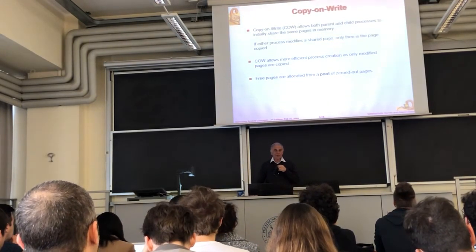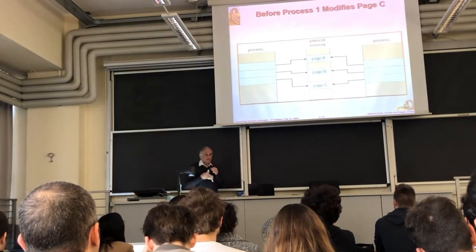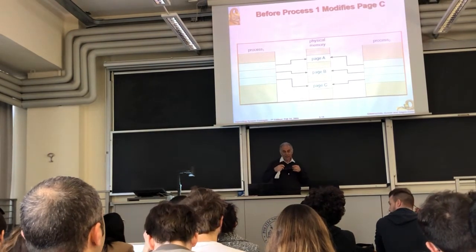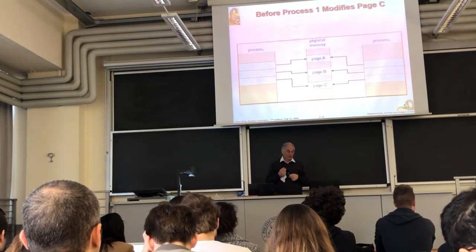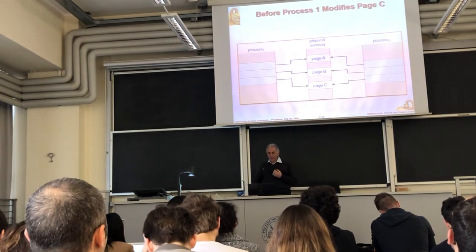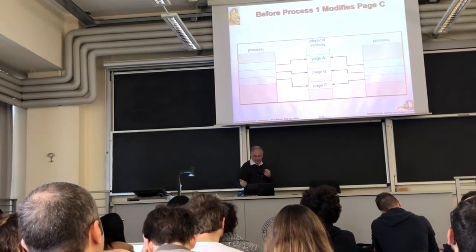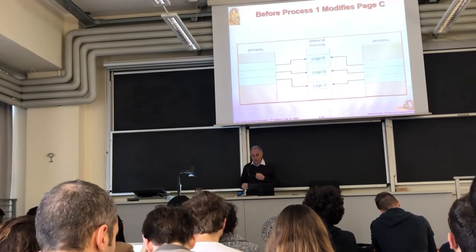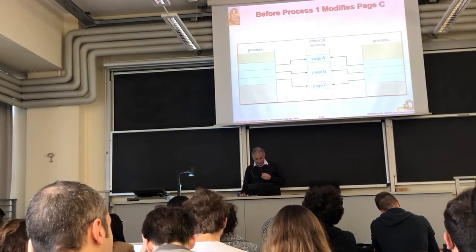But as soon as one of the processes changes the content of a page that is shared, of course, this page has to be copied. So here you see the process. So we have process 1 and process 2, say child, sharing the same page table, illustrated here as this mapping.